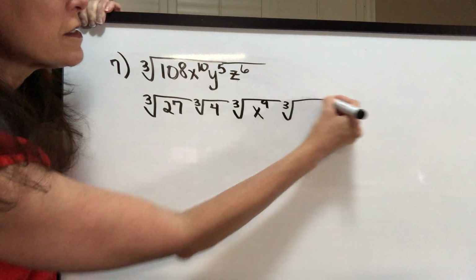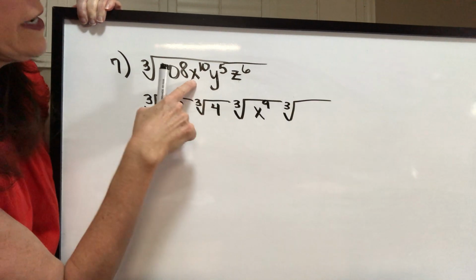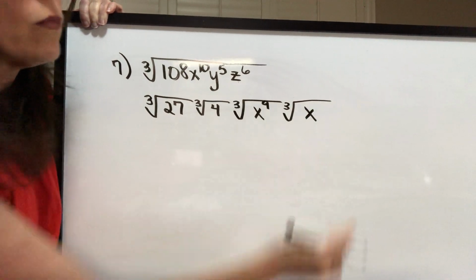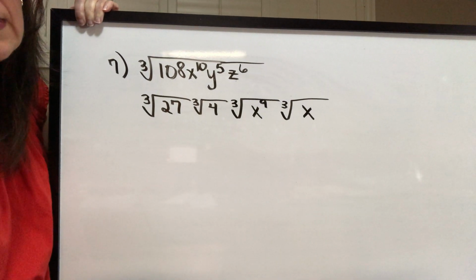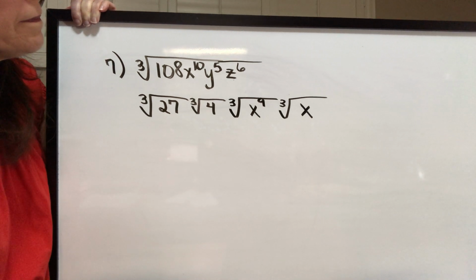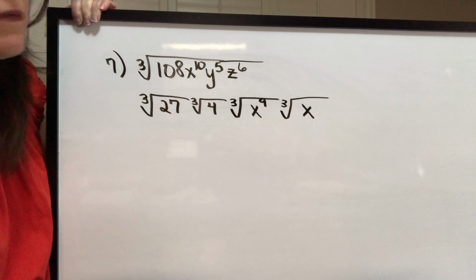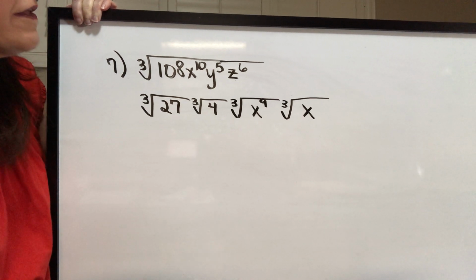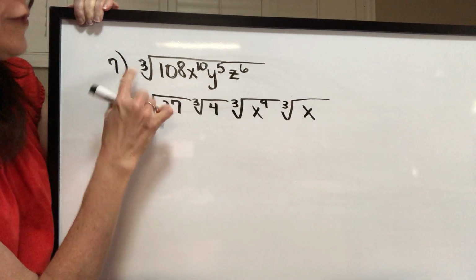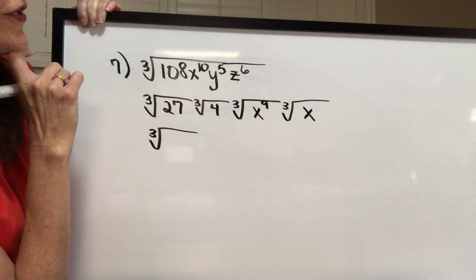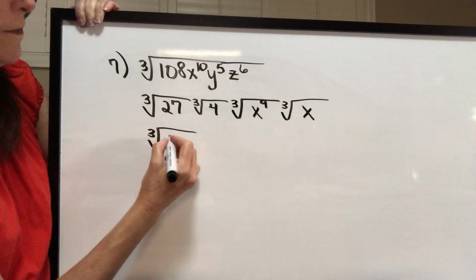But then you're going to need a second radical and think, well, I have to have x to the 10th. So if I had 9 here, that means I need 1 more to give me x to the 10th altogether. Then you'll do the same thing with y to the 5th. 5 does not divide by 3 evenly. So you would have to think, all right, what could I break that 5 into?